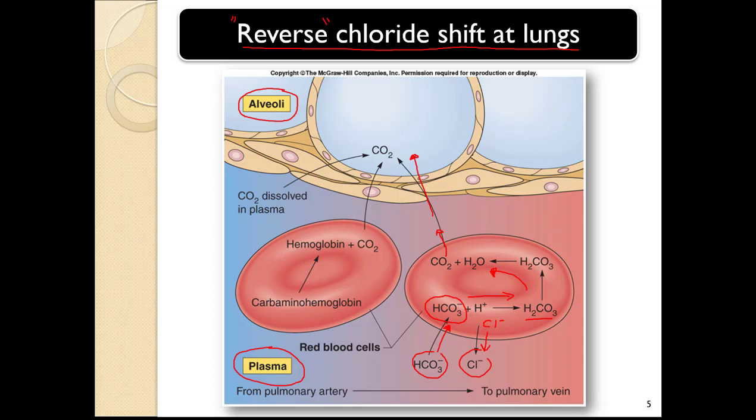So this carbon dioxide is then going to exit the body from the lungs. So remember, this is about 70% of your carbon dioxide that was transported as bicarbonate is now leaving the lungs by going through this reverse chloride shift and then getting changed back from bicarbonate into carbon dioxide.